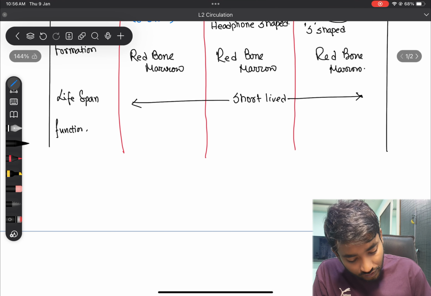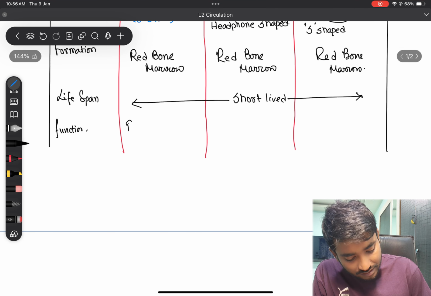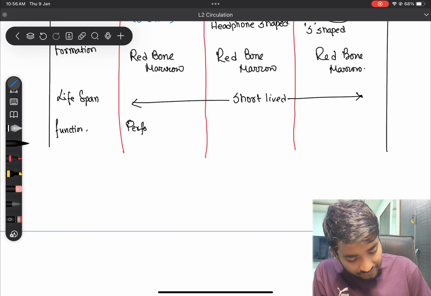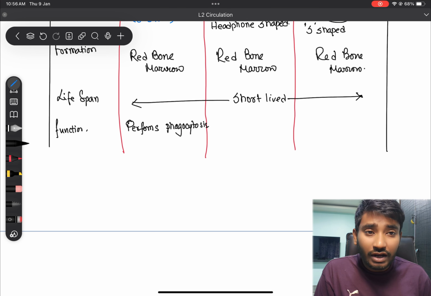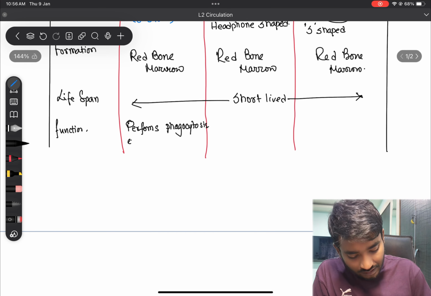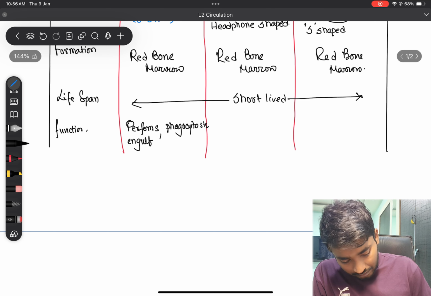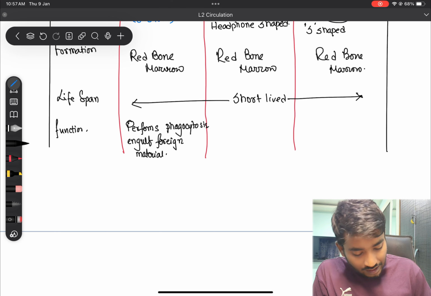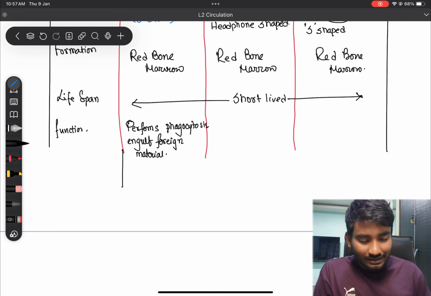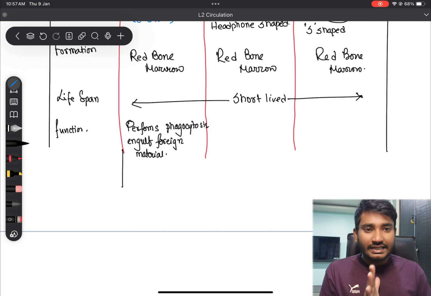The neutrophil performs phagocytosis, engulfing foreign material, so it is phagocytic in nature.